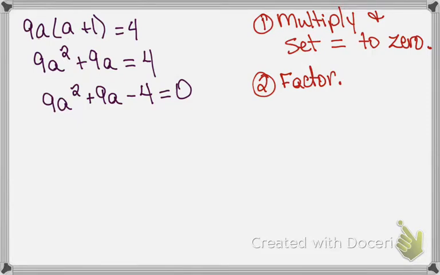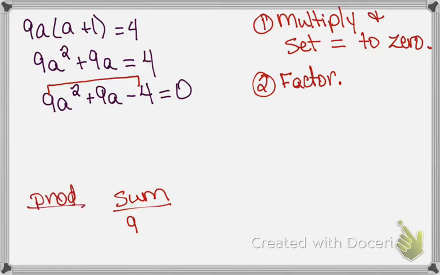What's my product that I'm looking for? Negative 36, and you get that by multiplying your A value times your C value. What's my sum? Positive 9. So my product is negative 36, and my sum is positive 9.